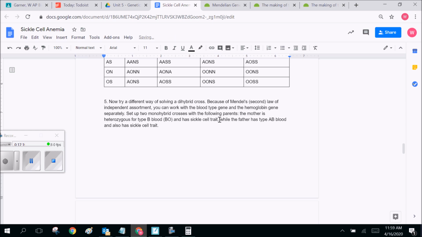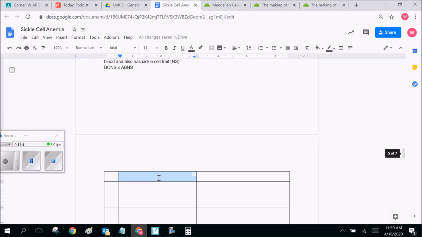So if we were to put this together, that would be NS. And then the father has AB blood and also has a sickle cell trait, so he'll be NS as well. And so if we were to put these parents' genotypes down, we would say BONS multiplied by ABNS. And that would be our cross.